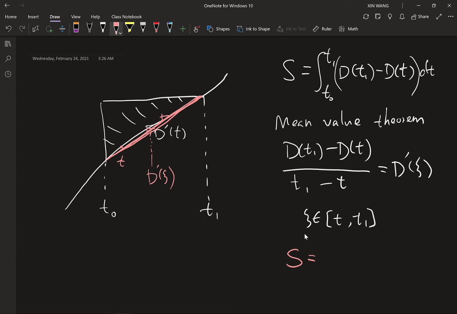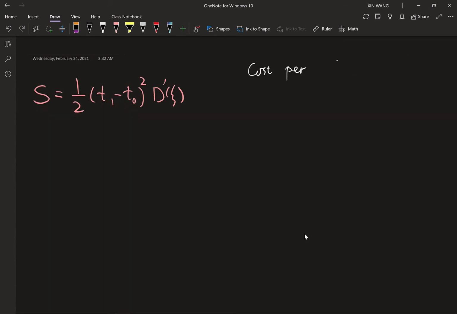Okay, and then in this way, we can get the area as a triangle. So that means this triangle has a headway as T1 minus T0. So the total area for this triangle will be calculated based on some gradient in the middle between T0 to T1. So we can estimate the cost per shipment, CF, CI.